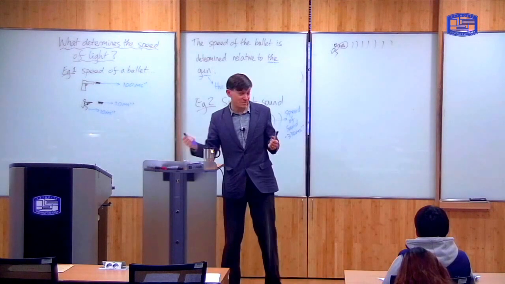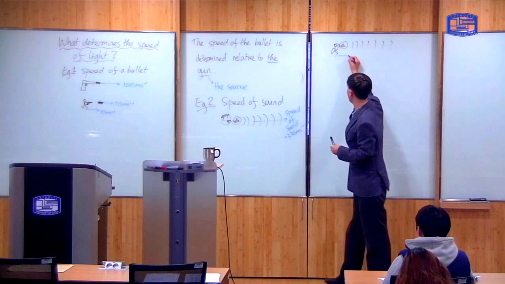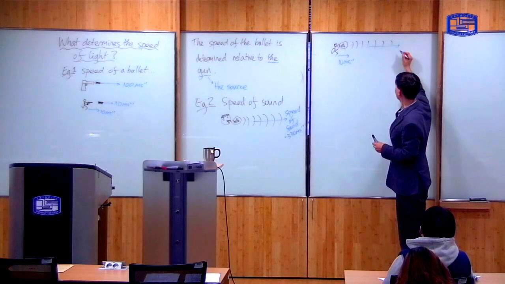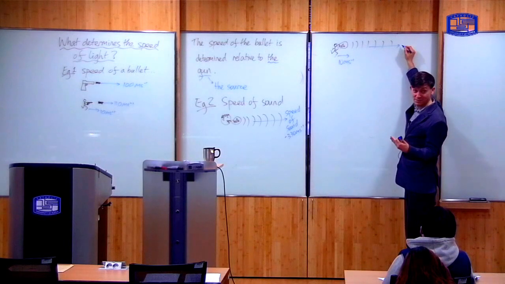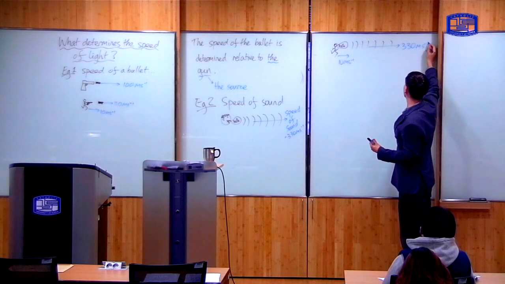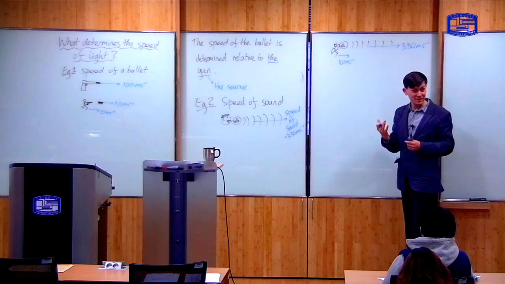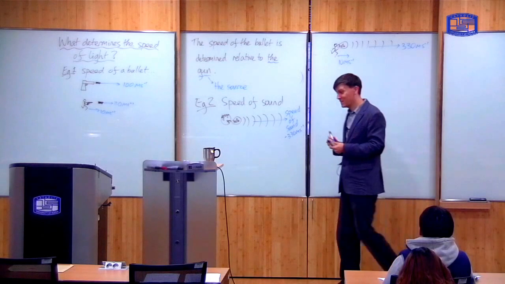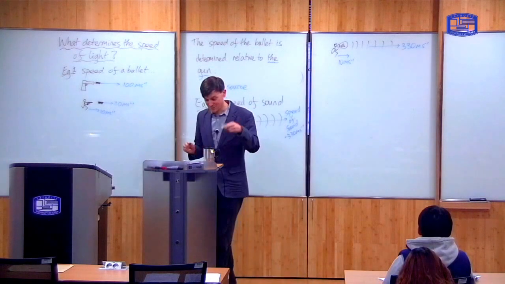Now, this example is different. Even if I run at a speed of 10 meters per second, the speed of sound is not changed. The speed of the sound coming out of my mouth is not affected by my speed. So the speed of sound is not determined by the speed of the source.